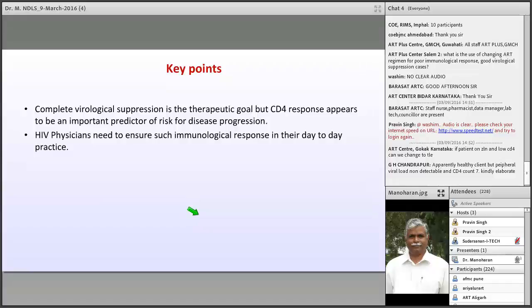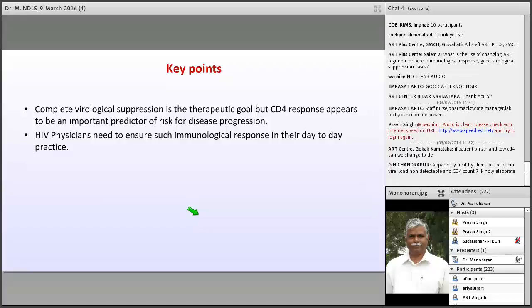There is one more question: apparently healthy client, peripheral viral load not detectable, CD4 count 7. Kindly elaborate. You saw the case study which I gave at the beginning of this session. In that case the CD4 was 0. So it is related to the same case study, the immunological non-response.